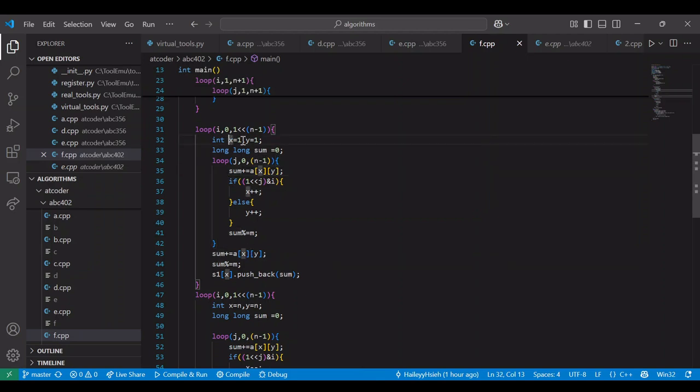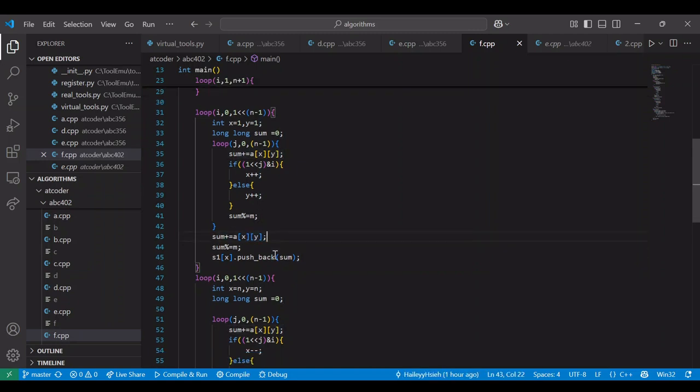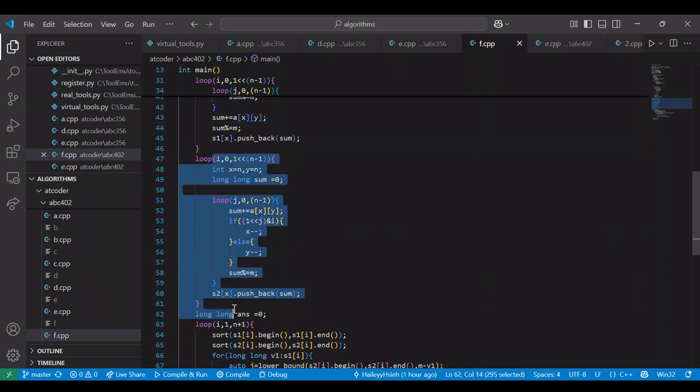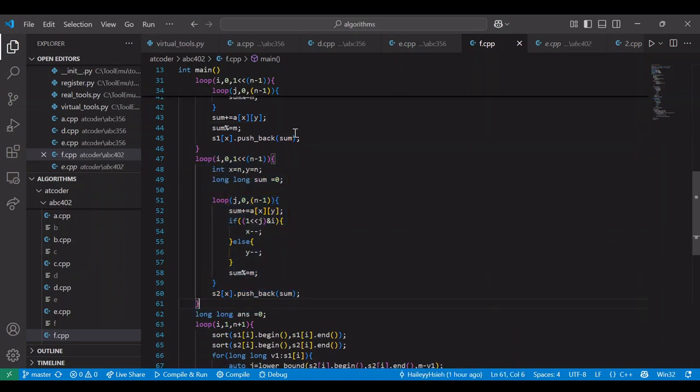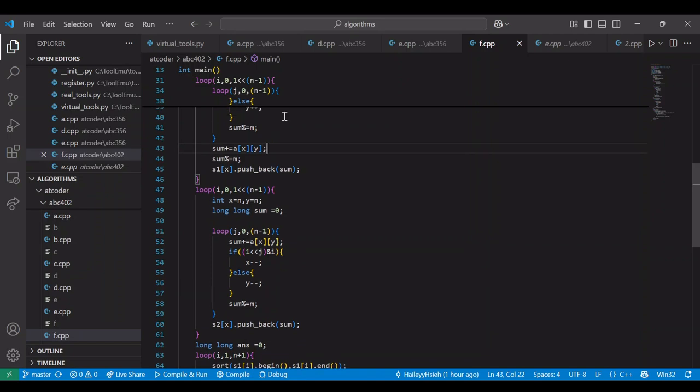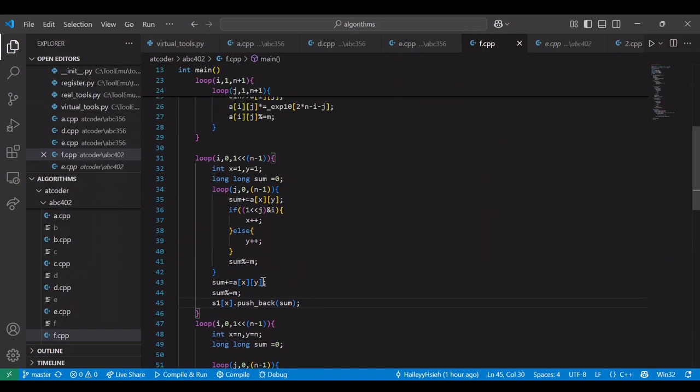When we reach the middle, we still need to add the middle value into the sum. Then for this part, when we're looping back from the end to the middle, we won't add the middle value to avoid the middle value being overcounted. And so we push it back into the array s1x, which keeps track of the sums when we move from the beginning to the middle.